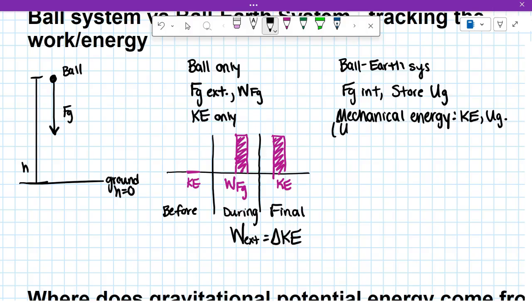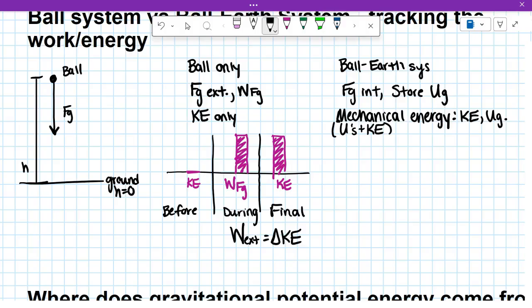Mechanical energy is our potential energies plus our kinetic energies. We can think of this as usable, reusable, retrievable energy. Now our mechanical energy might change based on how our system is defined. For instance, for the ball only, we had only kinetic energy, but now we're in the ball-Earth system, so we can have kinetic and potential.